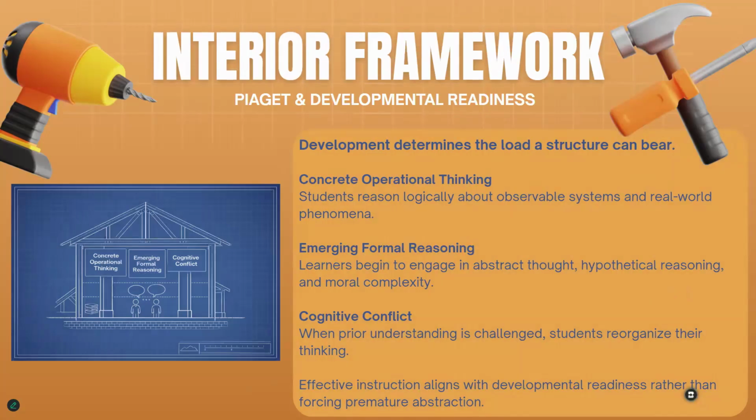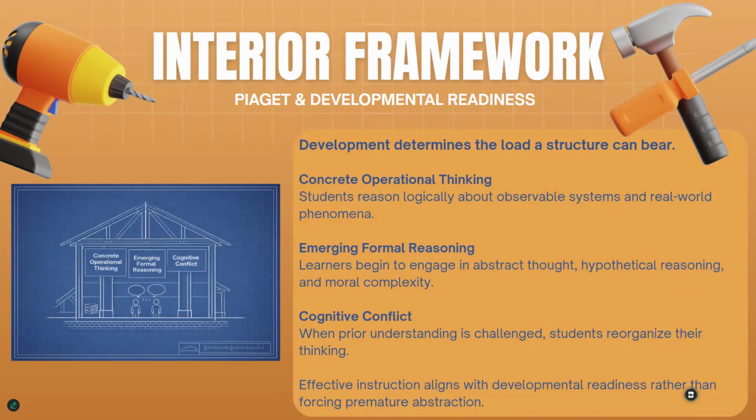So, a strong structure must also align with what it can bear. When we look at Piaget, he reminds us that instruction must match developmental readiness. So we have to look at what the students can handle. Scott's students demonstrate concrete operational thinking, reasoning logically about observable systems.